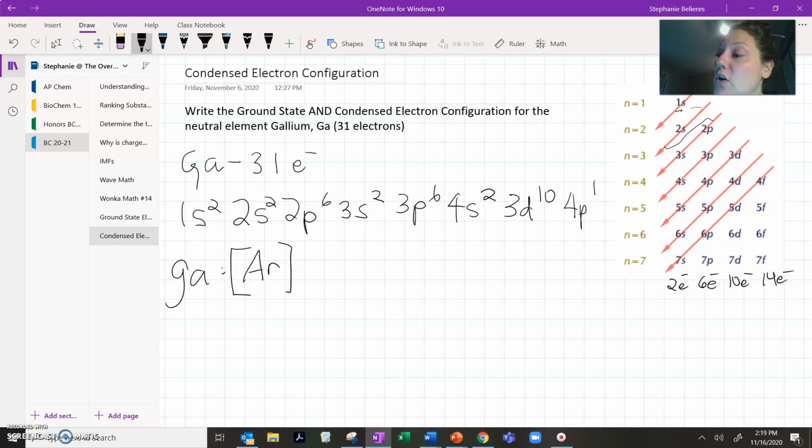The electron configuration of argon is 1s2, 2s2, 2p6, 3s2, 3p6 for this whole part right here. Writing this is the same as writing all of that. Now I'm going to write everything else that comes after that, what we would call the outer shell electrons. So then I just keep going.